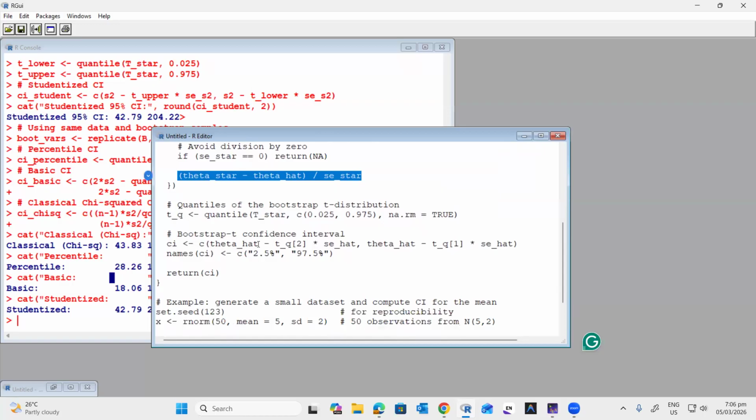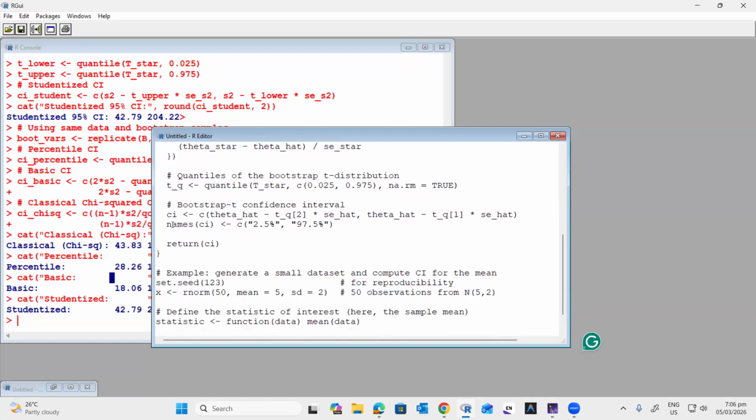Okay, here we are using the na.rm because NA can occur in the standard error, so we are going to use na.rm equals TRUE to ignore any NA value that might have been inserted due to the zero inner standard errors. So after that we will call the confidence interval.